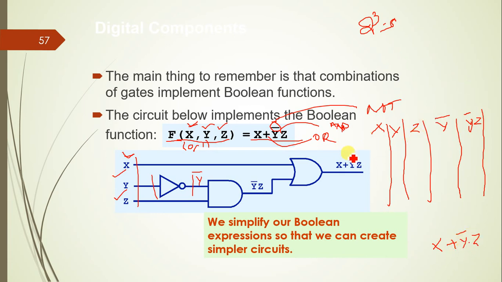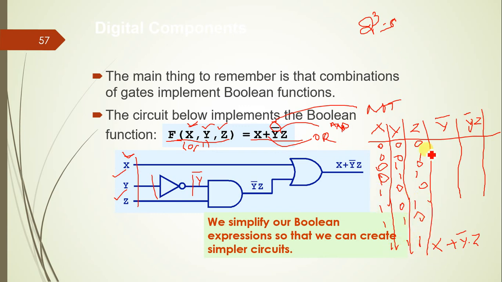The combinations will go in this fashion: 0 0 0, 0 0 1, 0 1 0, 0 1 1, 1 0 0, 1 0 1, 1 1 0 and triple 1. So these are the combinations you get.